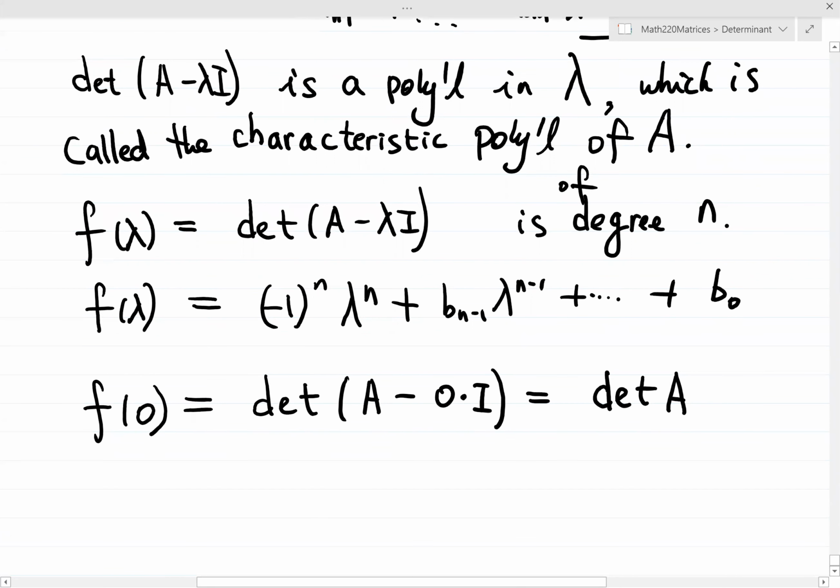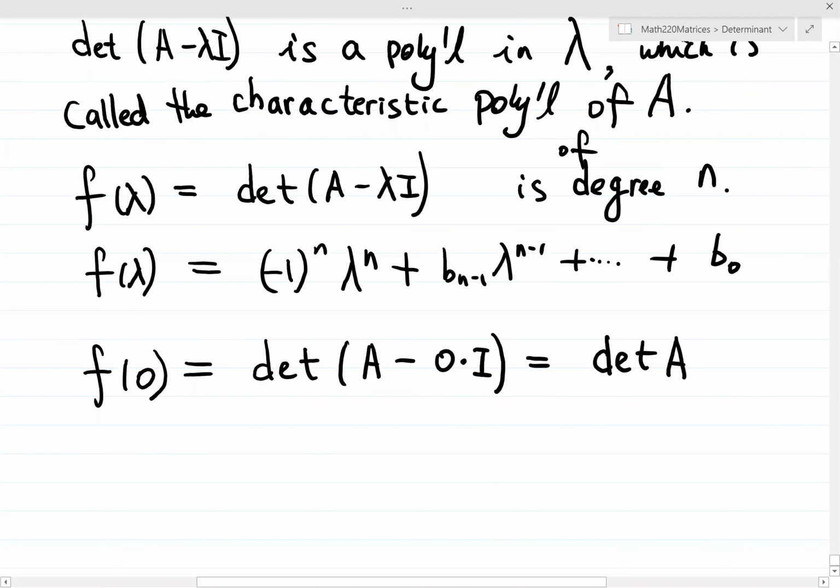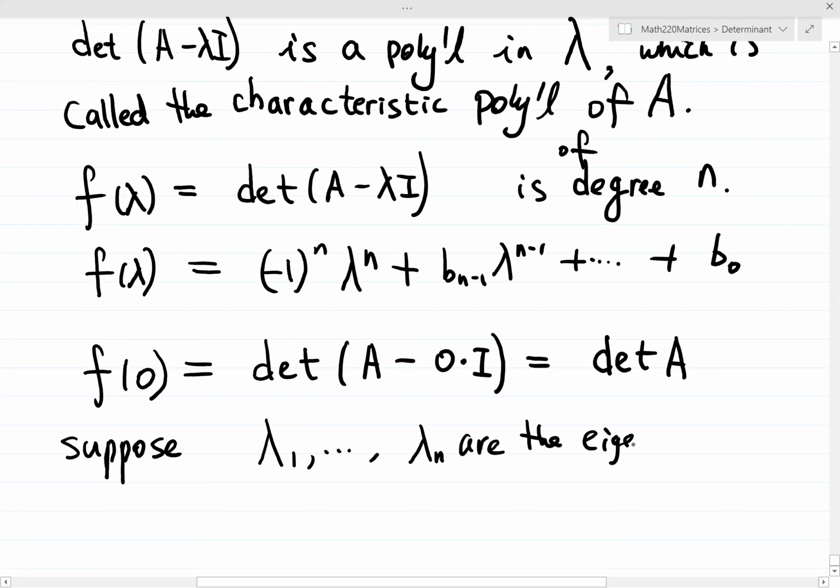Now if we write in this term, remember, the roots of f(lambda) are the eigenvalues of A. Suppose lambda 1, lambda 2, up to lambda n are the eigenvalues, not necessarily distinct.